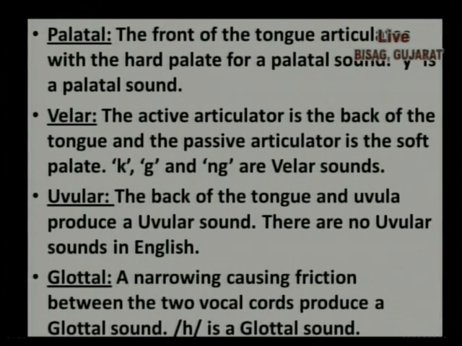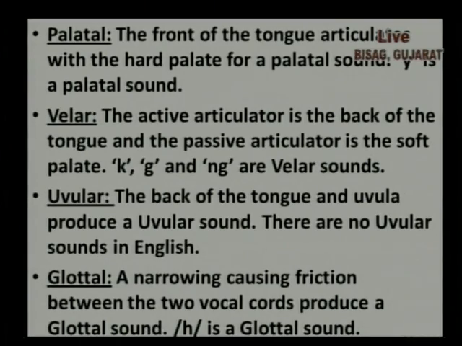For example, k in kite, g, and it can be anything. It can be the initial word, the beginning, or the end, like a goat. And ng always occurs at the end. For example, ring or sing or bang, whatever you can say. So these are the velar sounds which occur at the back of the tongue.